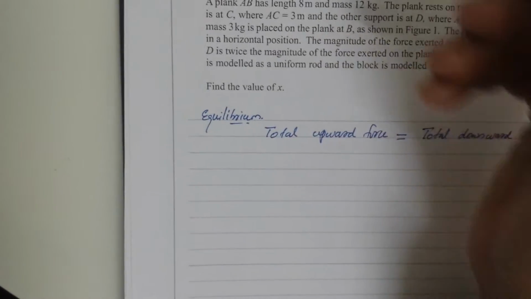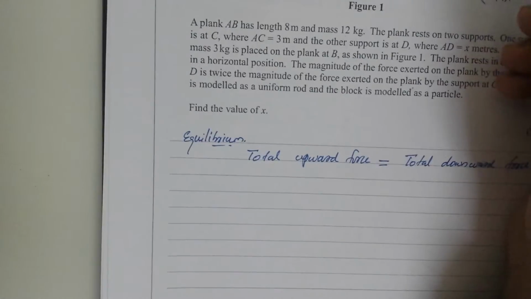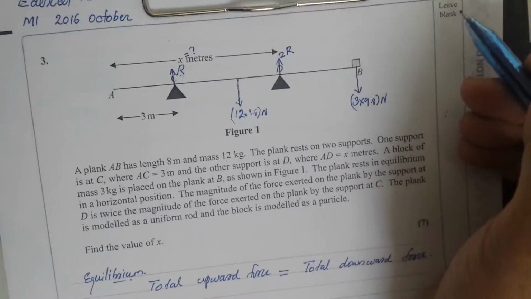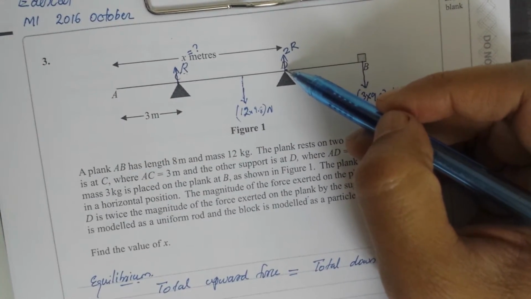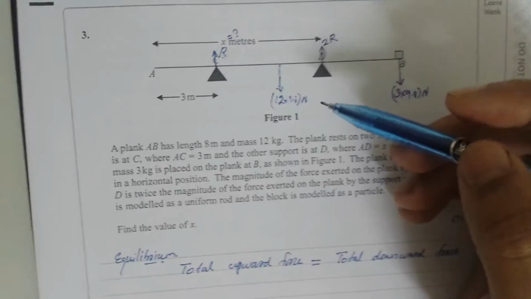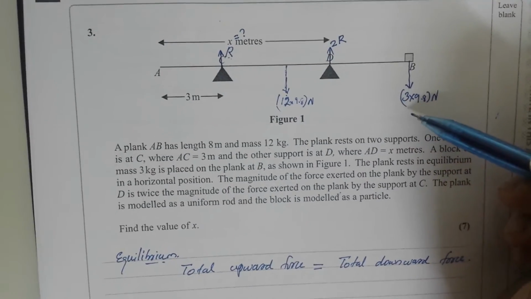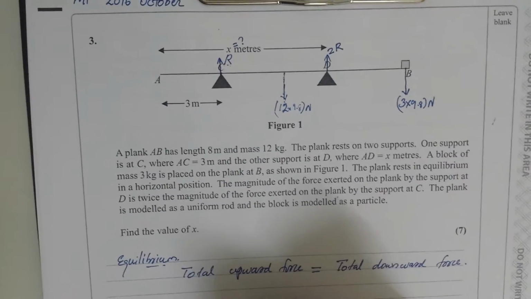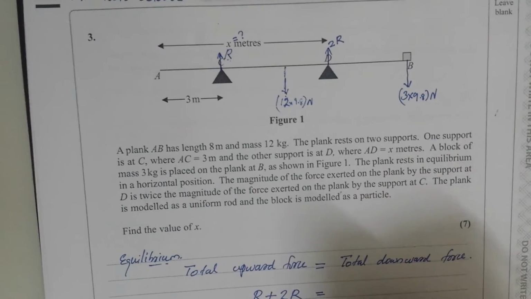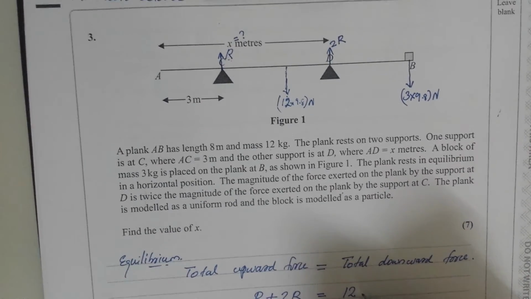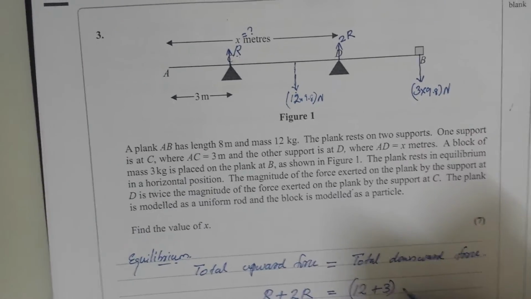Here the total upward forces are this normal reaction at C and this normal reaction at D. Total downward forces are the weight of the plank and weight of this block. So total upward forces R plus 2R is equal to total downward forces 12 into 9.8 plus 3 into 9.8. So 12 plus 3 into 9.8.